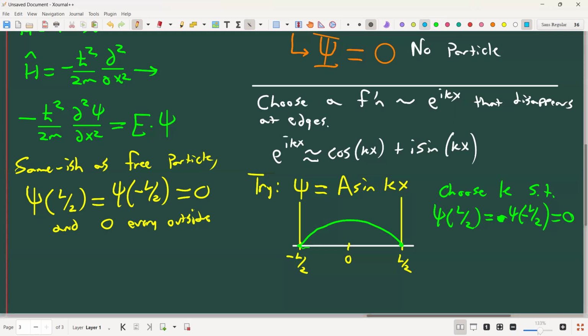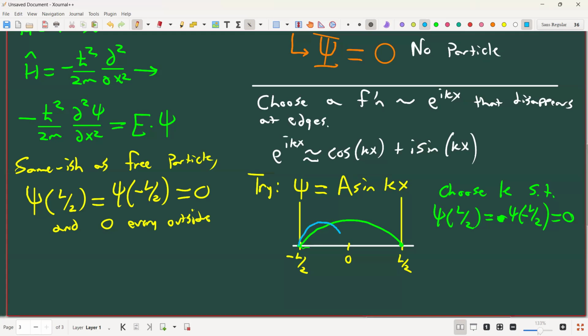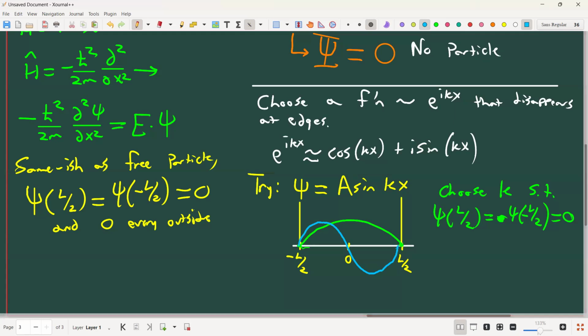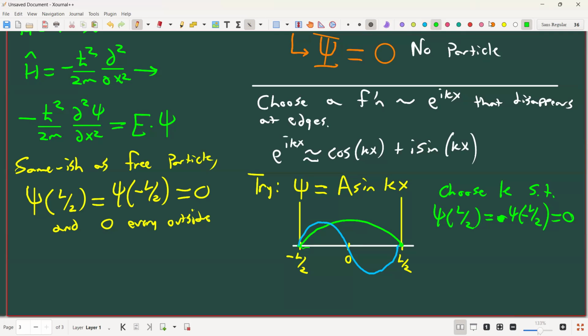What's another possibility? Another possibility is that we have a whole period. Another good one. What if we have another one that has two periods, where the period is halfway. I'm just going to roughly draw these.